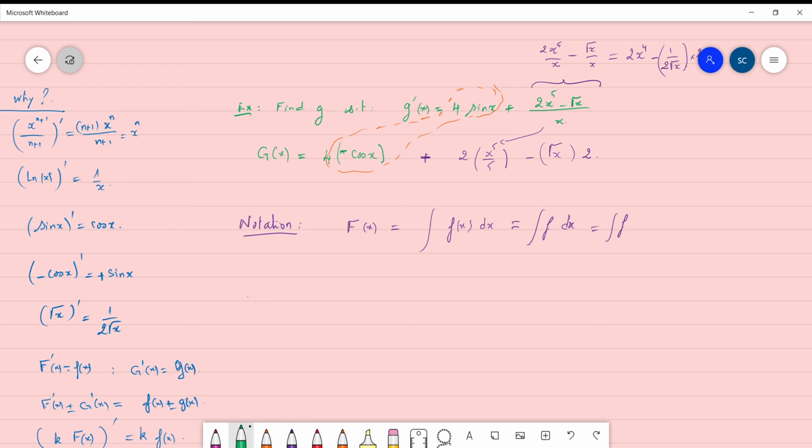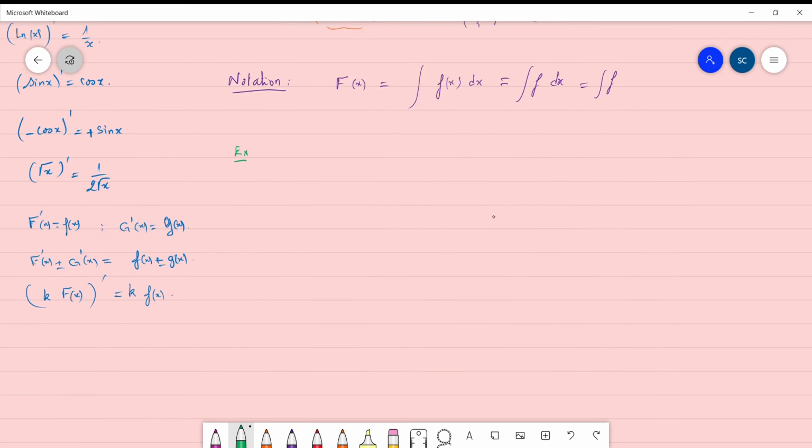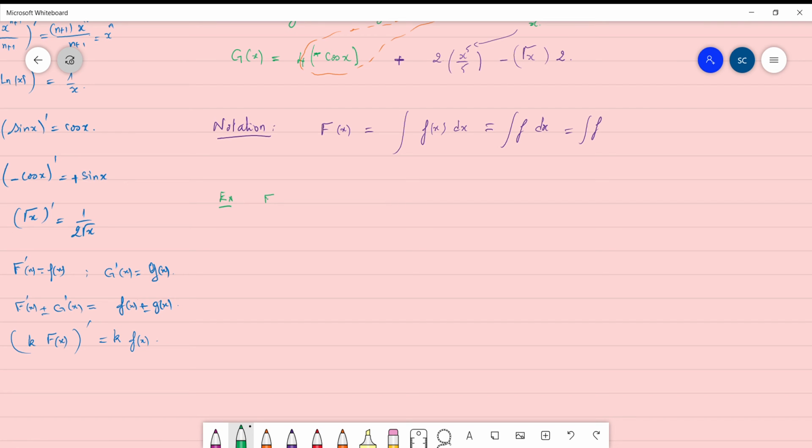So this time, look at the question. You are asked to find again a function, but this time find f such that f''(x) = 12x^2 + 6x - 4, and such that f(0) is 4 and f(1) is 1.